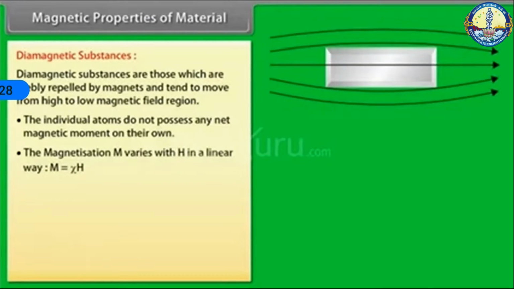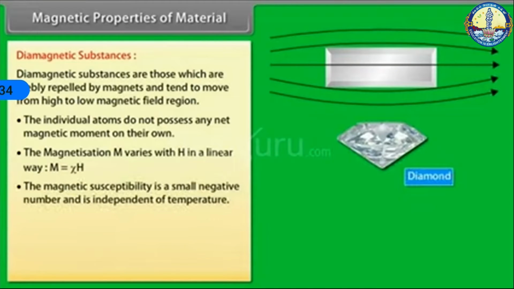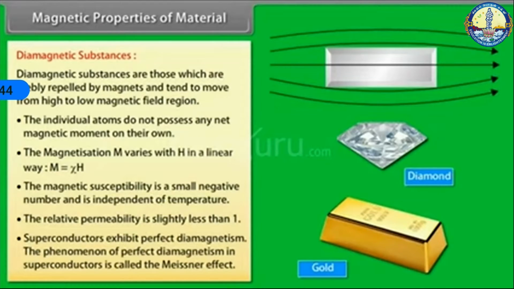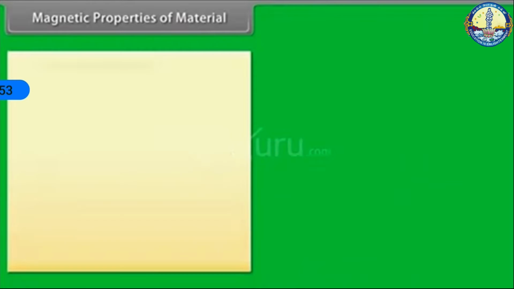The magnetization M varies with H in a linear way, that is, M is equal to chi H, where chi is the magnetic susceptibility, a small negative number, and it is independent of temperature. Here the relative permeability mu R is less than 1. Superconductors exhibit perfect diamagnetism. The phenomenon of perfect diamagnetism in superconductors is called the Meissner effect.